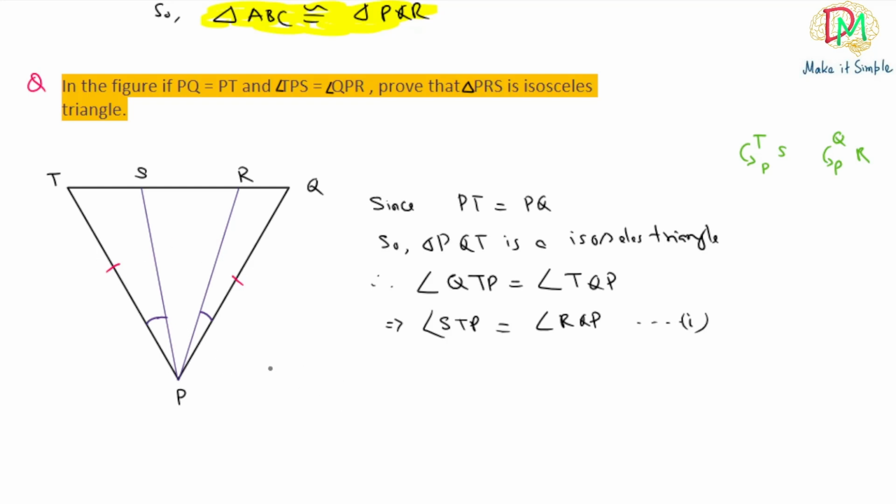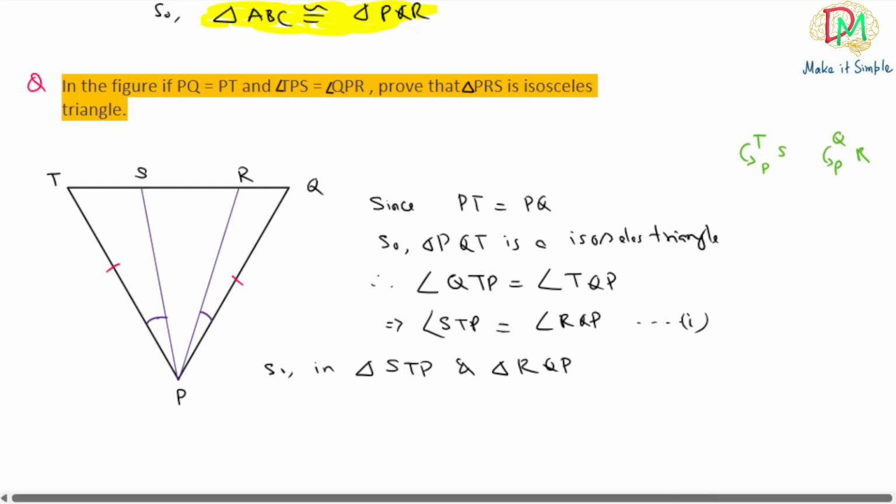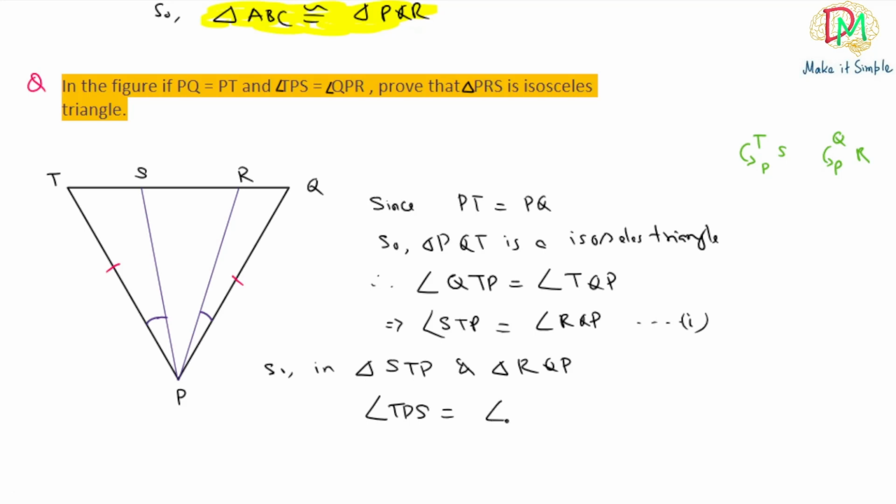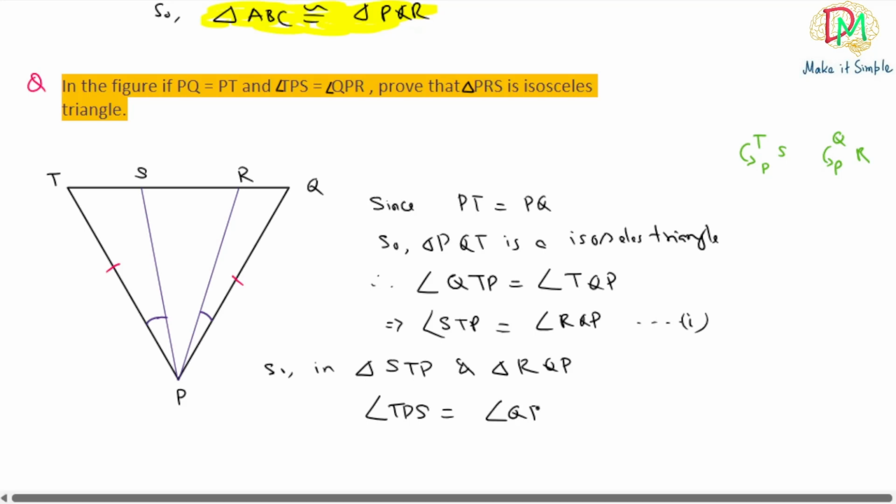So in triangle STP and triangle RQP, it is given that angle TPS is equal to angle QPR.